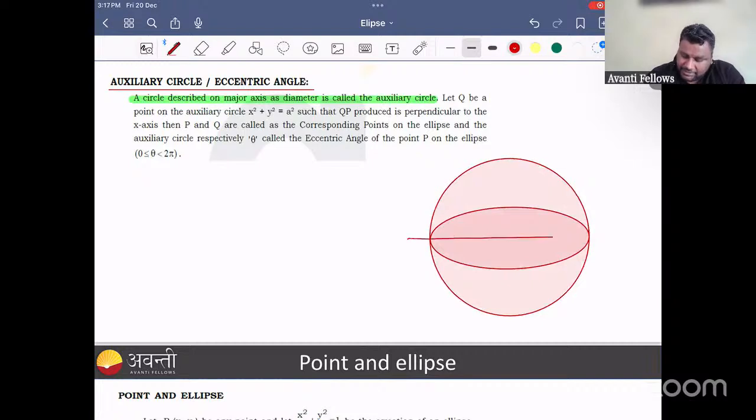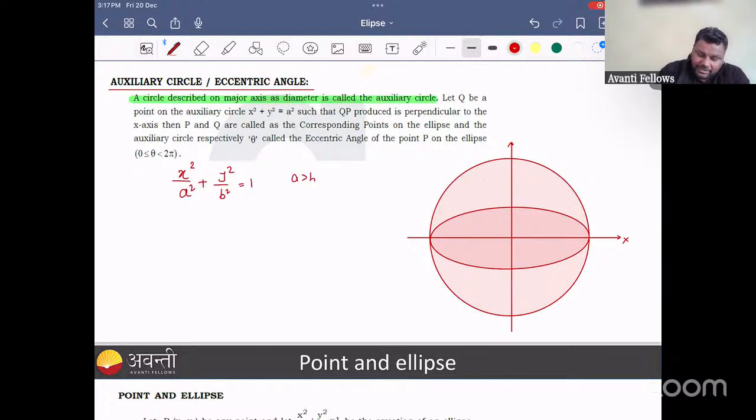So if a circle is drawn taking the major axis as its diameter, and the ellipse is x square by a square plus y square upon b square equals 1 with a more than b, that means the x-axis is going to act as the major axis, and the length of the major axis is 2a.